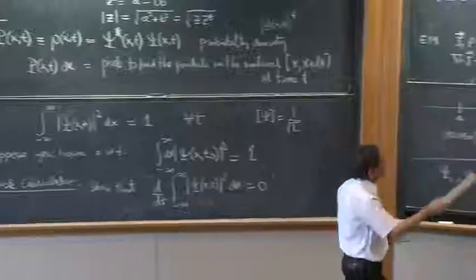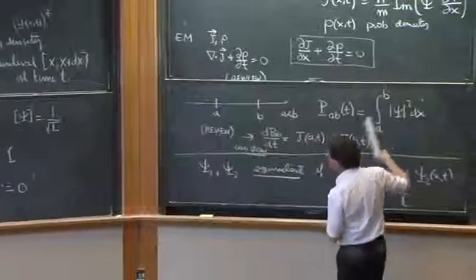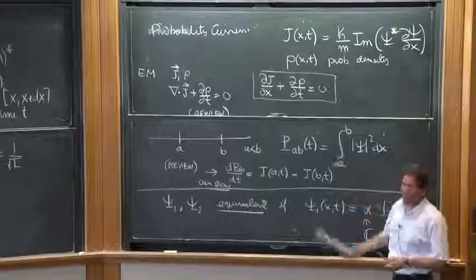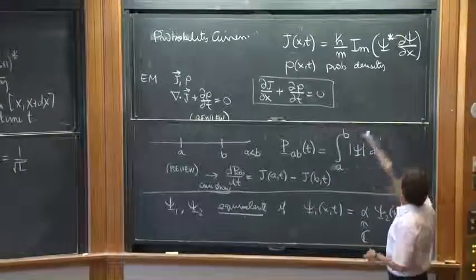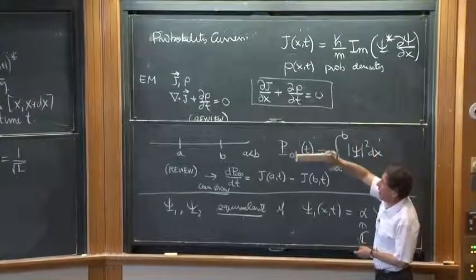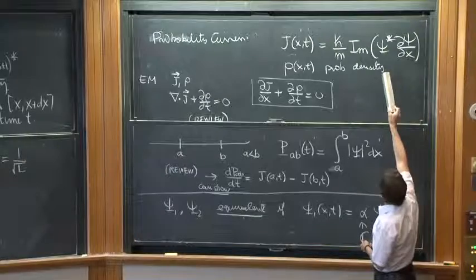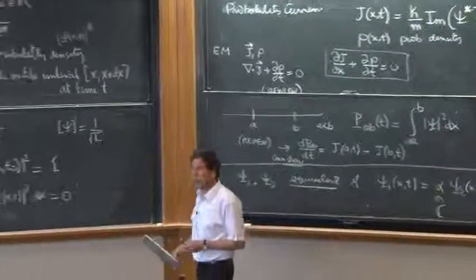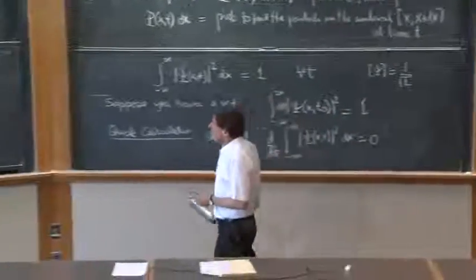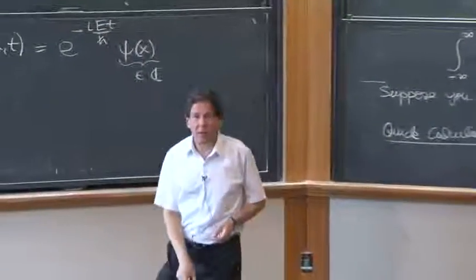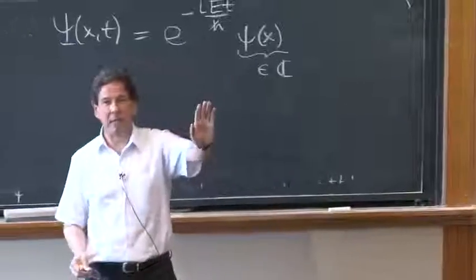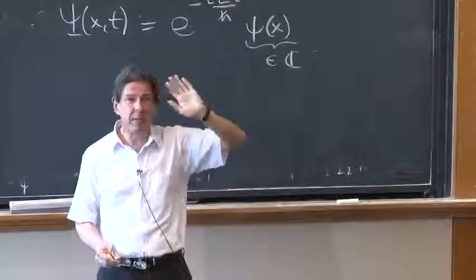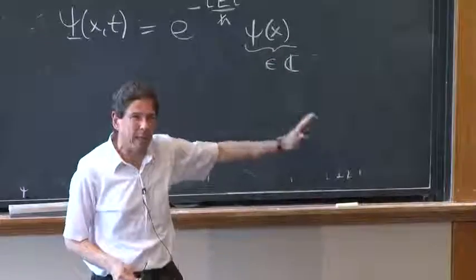Same thing here for the current J. The x derivative doesn't do anything to that phase. Therefore, the phase e to the iEt over h bar cancels from there too, and the current also has no time dependence. This will be the case for any operator that is called a time-independent operator. It will have time-independent expectation values.